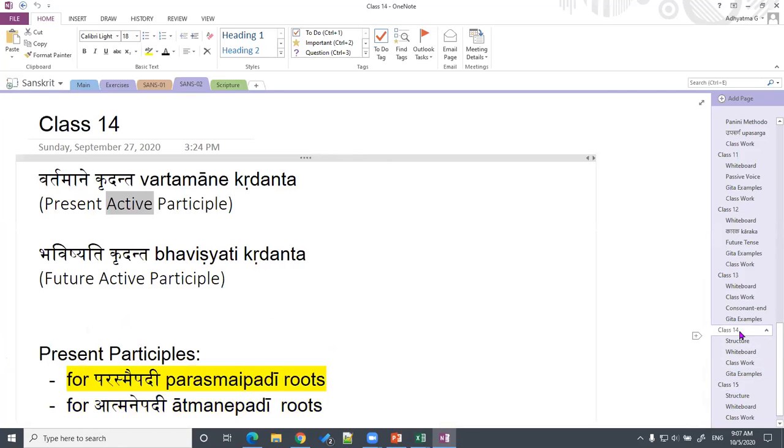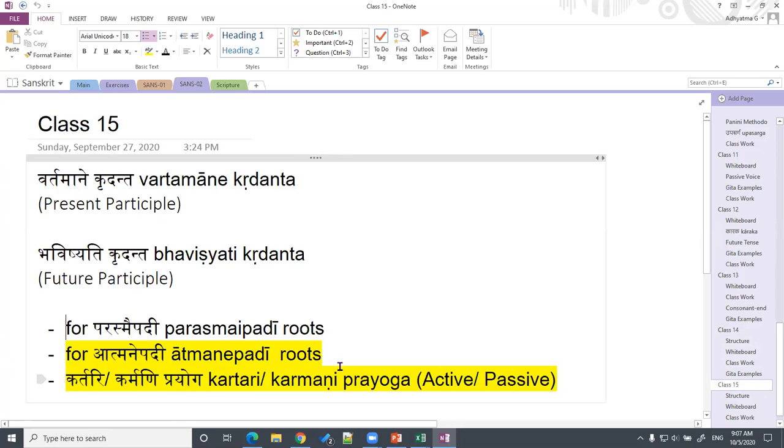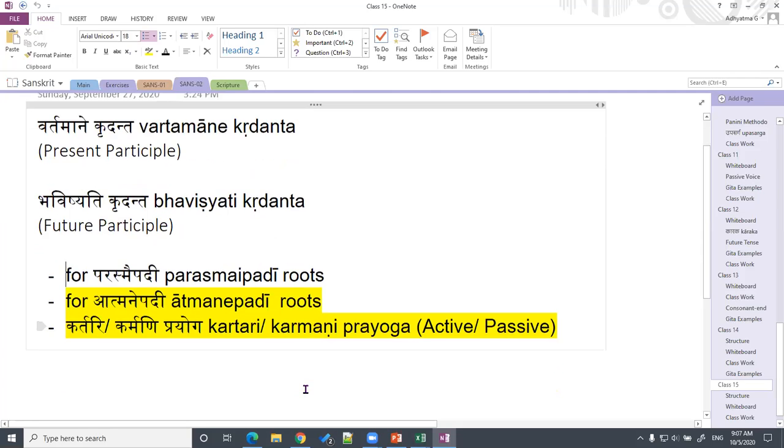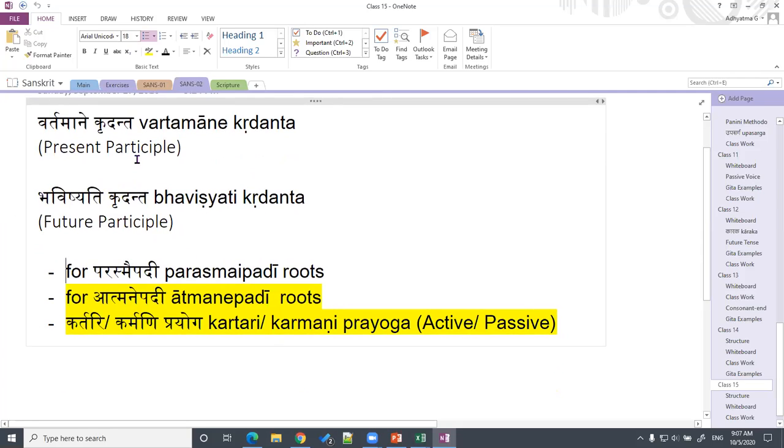So here you don't have a choice. It will be only the active participle for Parasmaipadi roots. But Atmanepadi suffixes are used both in the Kartari sense, the active sense, as well as the Karmani Prayoga sense. So both options are possible. And again, we'll see both present and future participle.